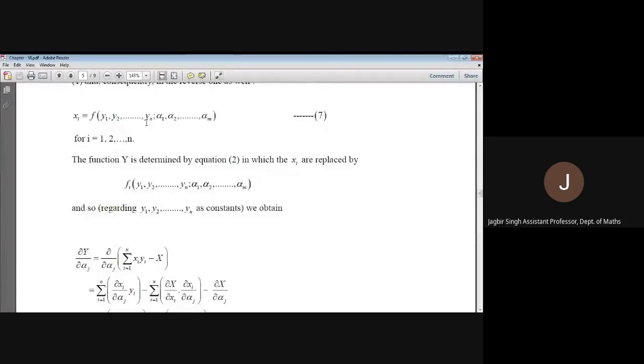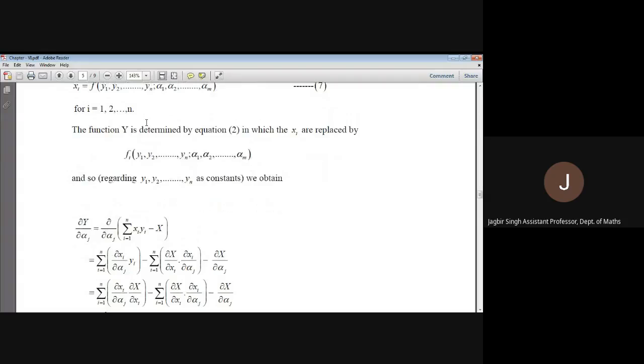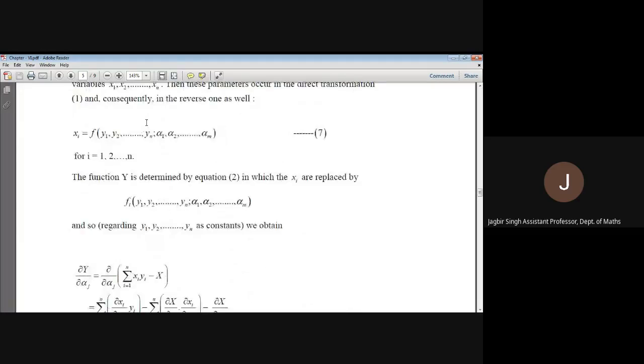Further, finding the partial derivative of y with respect to alpha j, it will be the partial derivative with respect to alpha j of the summation i from 1 to n of xi yi minus X. Now xi is a function of alpha 1, alpha 2, alpha m as stated in equation number 7.